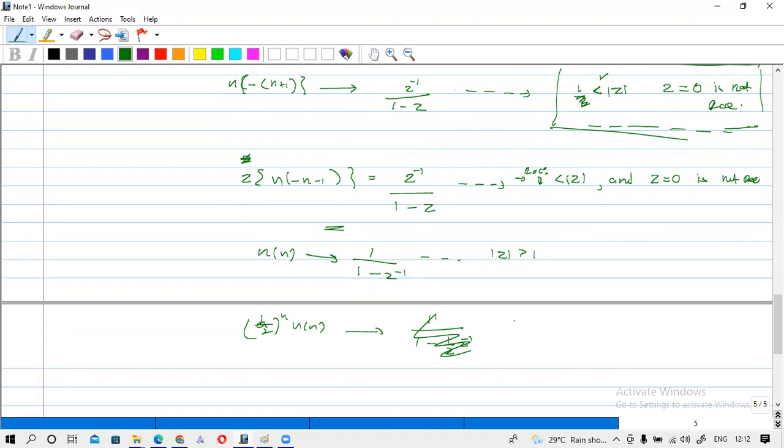It will become 1 minus, instead of this z, half z, to the power minus 1. Okay, so this will be your answer. We have to put half onto this z, so it will be half z to the power minus 1. Correct.